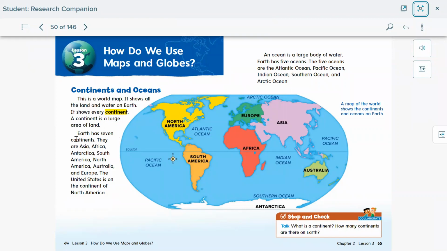Earth has 7 continents. They are Asia, Africa, Antarctica, South America, North America, Australia and Europe. The United States is on the continent of North America. So this is where the US is.